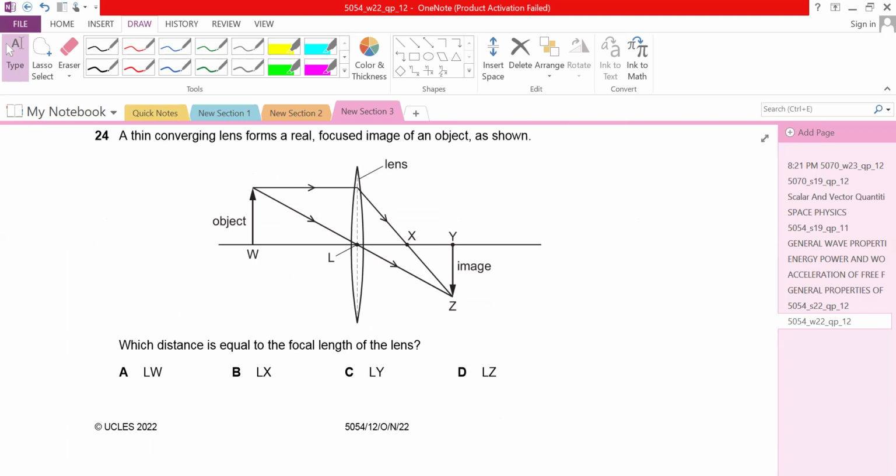Which distance is equal to the focal length? The focal length is from the optical center to the point where this parallel ray passes through the lens and meets the line. The correct option for this is LX, which is option B.